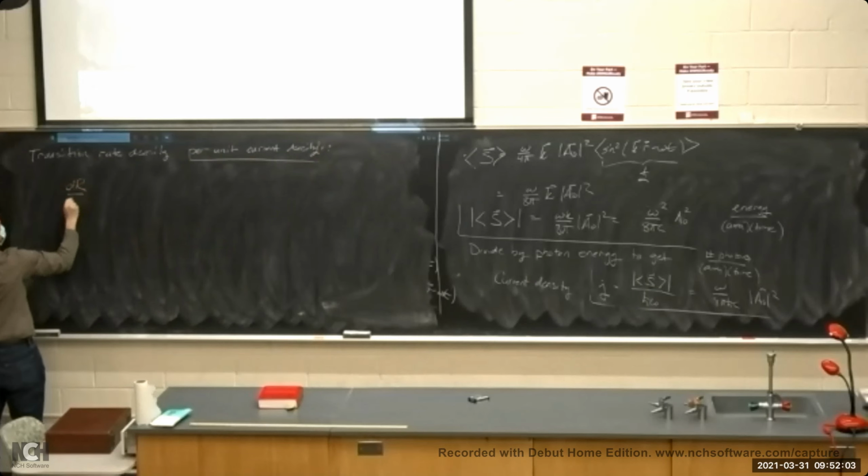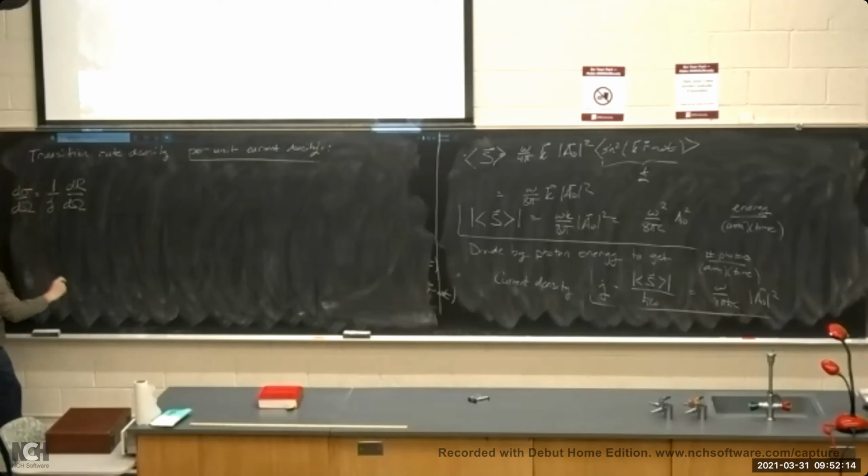So that is my transition rate per unit omega, and I'm going to divide it by the incoming current of photons. This object is called the cross-section, the differential cross-section.